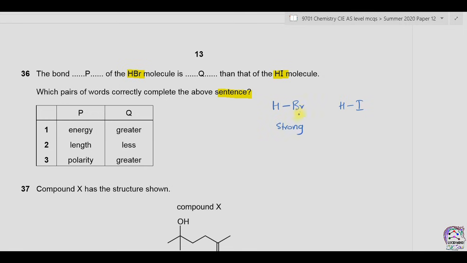Now when an electronegative element is present, the bond length decreases, so therefore the bond length of HBr is less than HI. Third is bond polarity. As we know that bromine is more electronegative as compared to iodine, so therefore HBr will be more polar than HI.